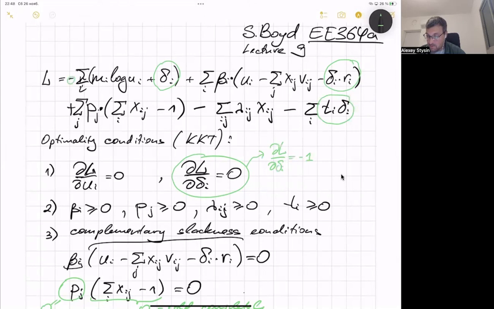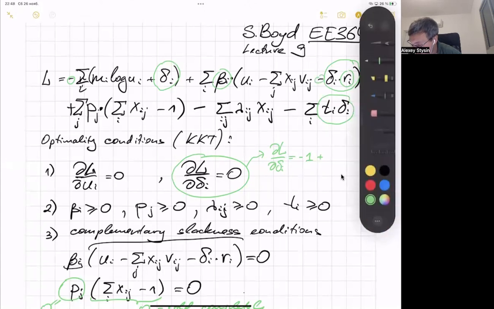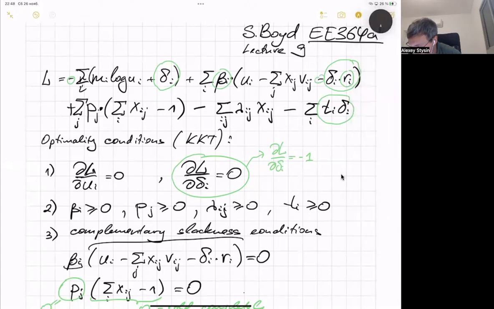This is the -1, plus this is going to be ri and beta I, and there's also a minus sign here, so we should say minus ri beta I. And finally, we have the ti from here, minus ti, and this equals to 0.